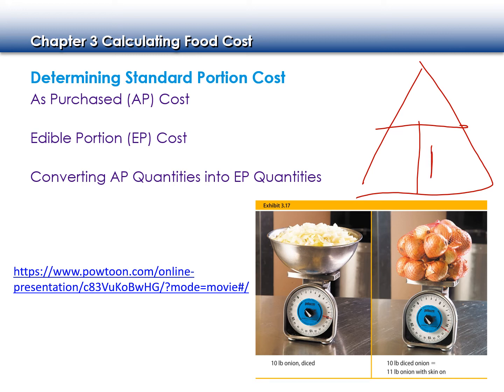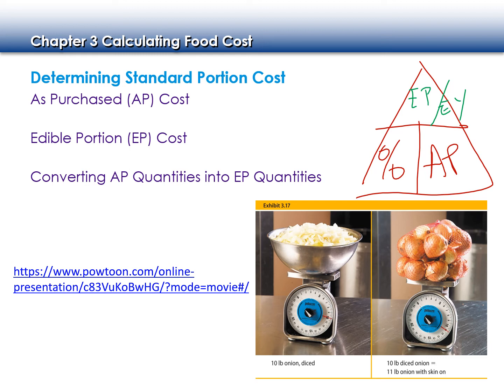So that is our as purchased on the bottom. And then, Isaiah, what do we have left over? What is that called? The edible portion or edible yield. Okay? That's the part. The triangle works the same way, part over the whole.